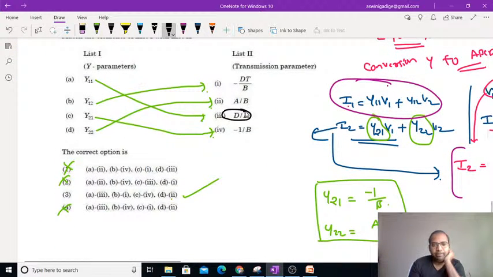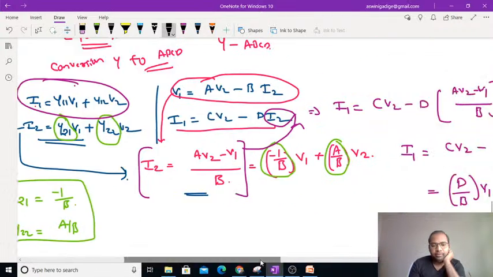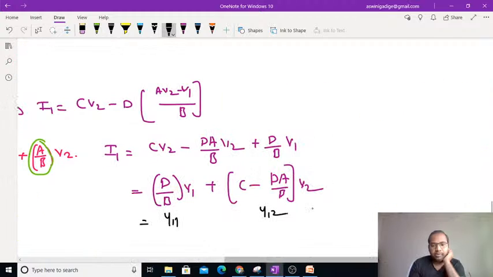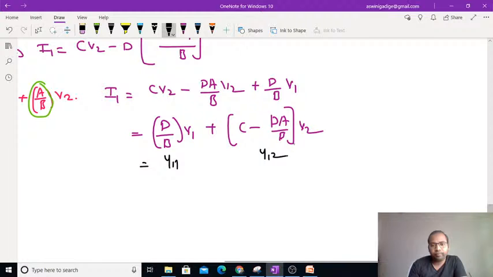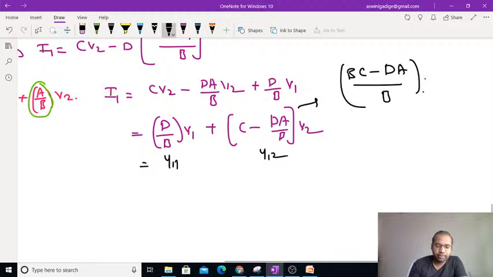Y11 is equal to D by B. But here Y12 is given as minus delta T by B. So Y12, if I take the LCM, then I will get (BC minus DA) by B, correct?